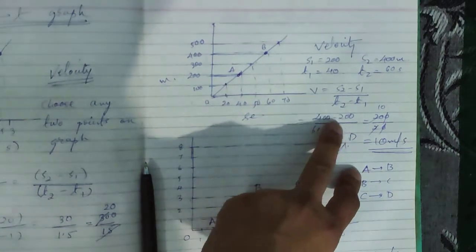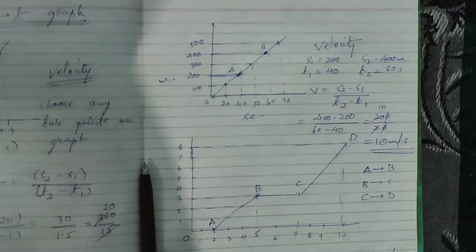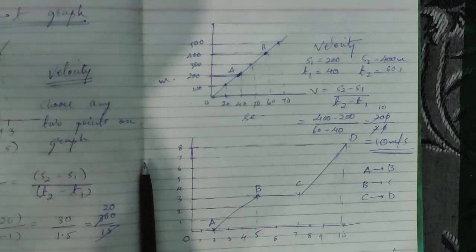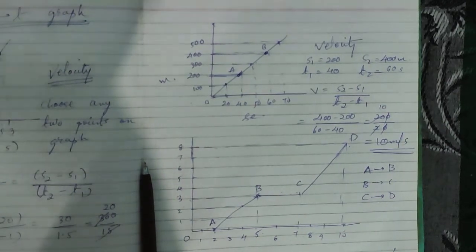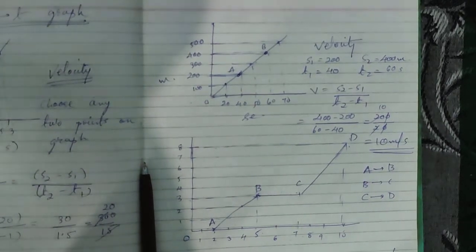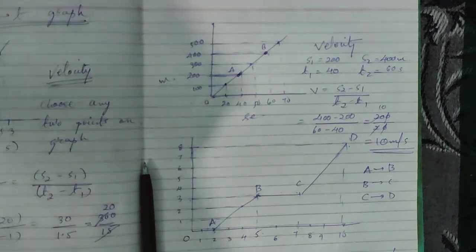Substituting the values in S2 minus S1 upon T2 minus T1, what you get is 400 minus 200, that is 200, and 60 minus 40, time is 20 seconds. So 200 upon 20, solve it and you get 10 meters per second as the velocity. You can pause the video for a second and then observe the numerical carefully once again. Okay?